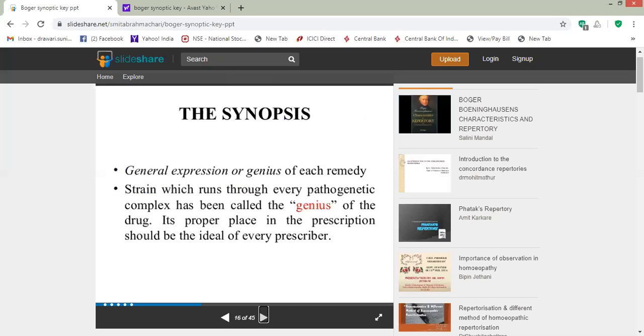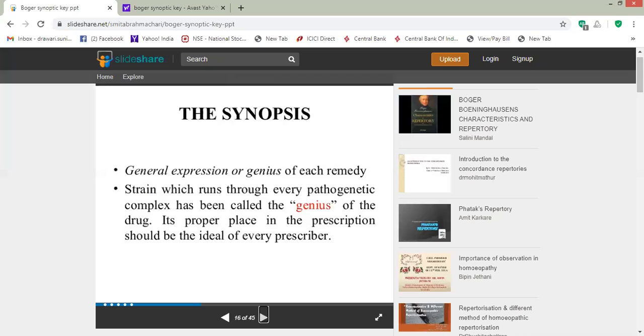Then the synopsis. What is synopsis? That is the general expression or genius of each remedy. The strain which runs through every pathogenetic complex has been called the genius of the drug.